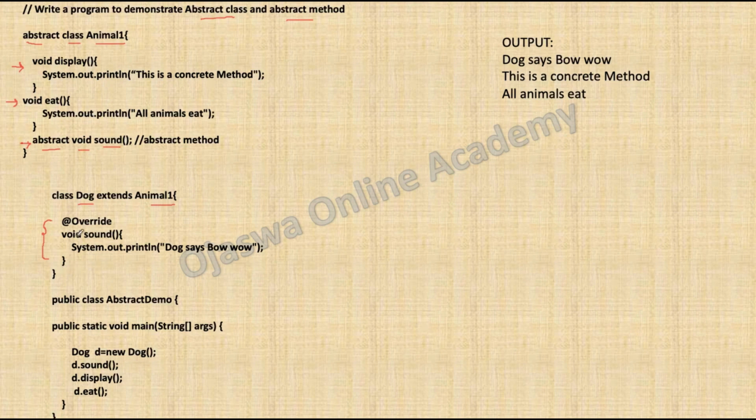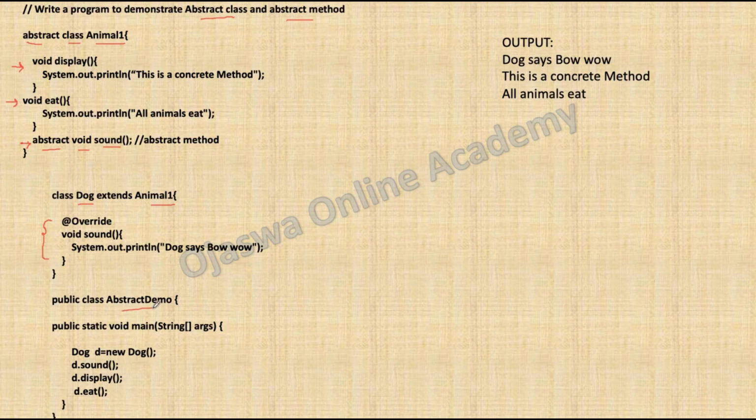If you don't write an implementation for this abstract method and still you extend animal1, then you will have to declare the class dog as an abstract class because the abstract method is inherited inside it. But the intention of creating a subclass is to write the implementation for the abstract method. So we have done this implementation.